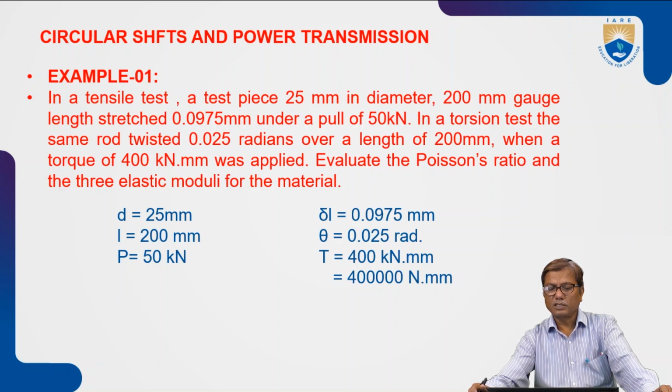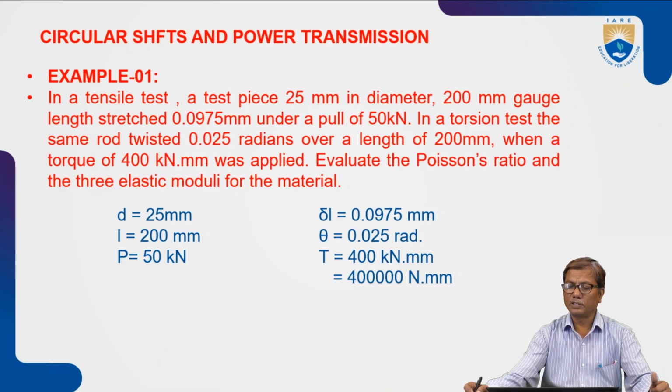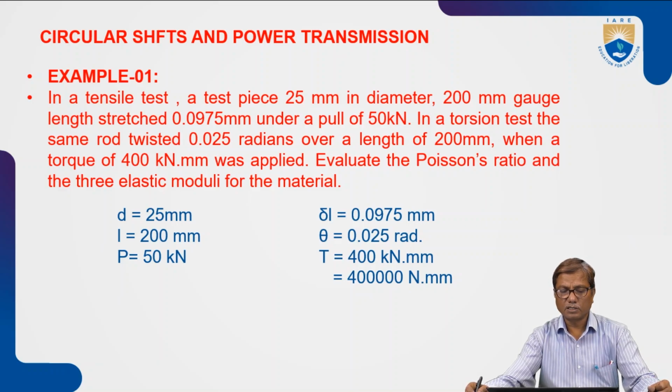In a torsion test, the same rod is twisted by 0.025 radians over a length of 200 mm when a torque of 400 kilonewton mm was applied. Evaluate the Poisson's ratio and the 3 elastic moduli for the material.